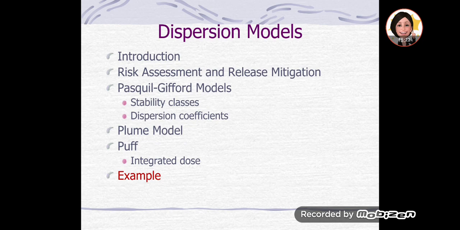Okay, so that's all for toxic release and dispersion models. Let's look into examples of how we use the equations and models that we have just learned in this lecture.